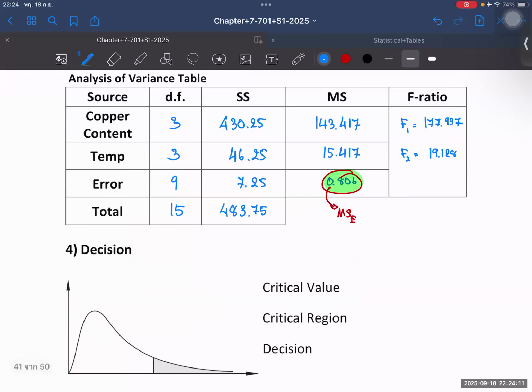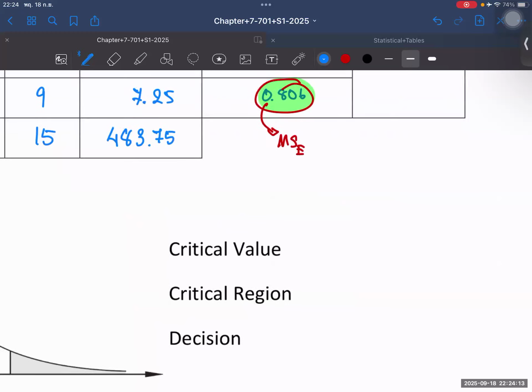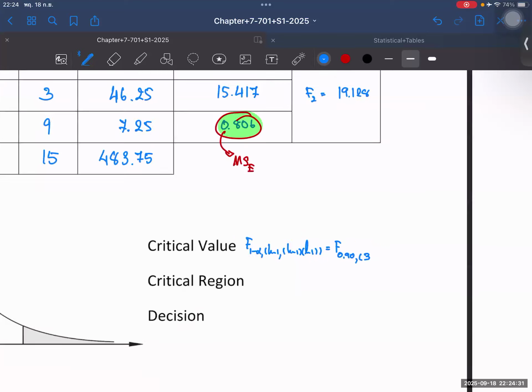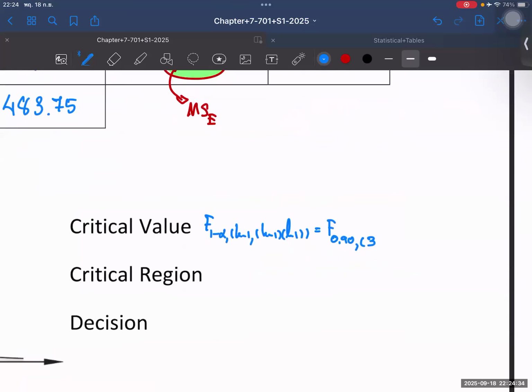So we go to open the F critical value. F of 1 minus alpha, with K minus 1 times L minus 1, 3 and 9.